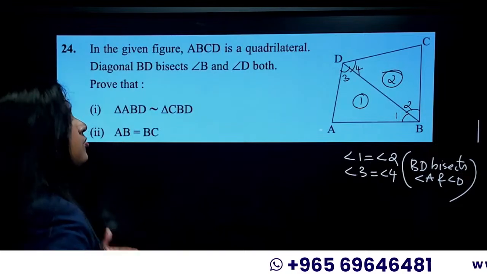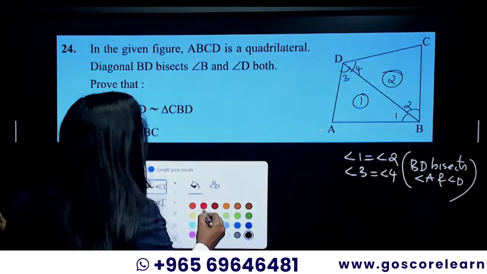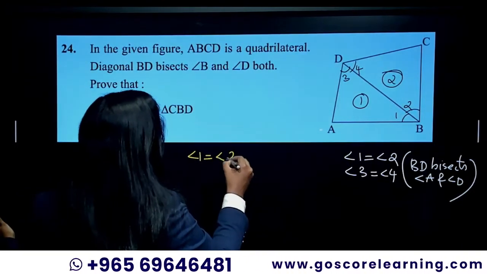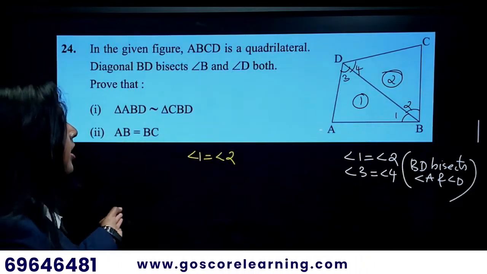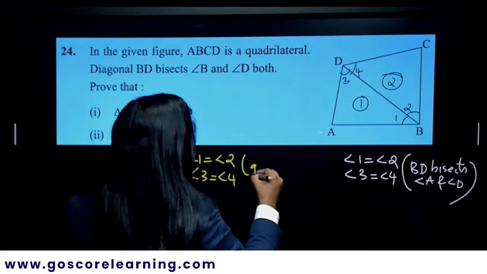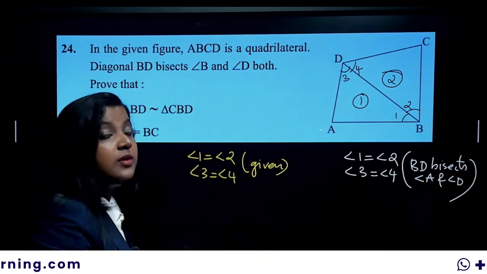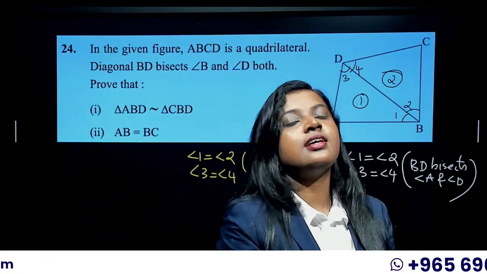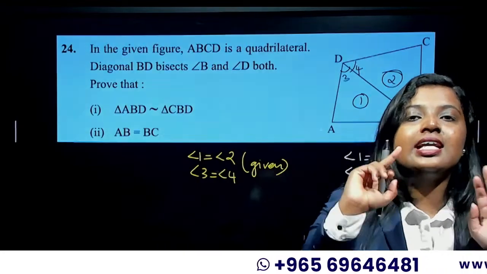So in triangle ABD and triangle CBD, we can see that angle 1 is equal to angle 2, angle 3 is equal to angle 4, given. What is the reason? Given. Or you can write BD bisects angle B and angle D. Whenever you are proving something, in triangles, circles and all those chapters, you always have to mention the reason inside the bracket.